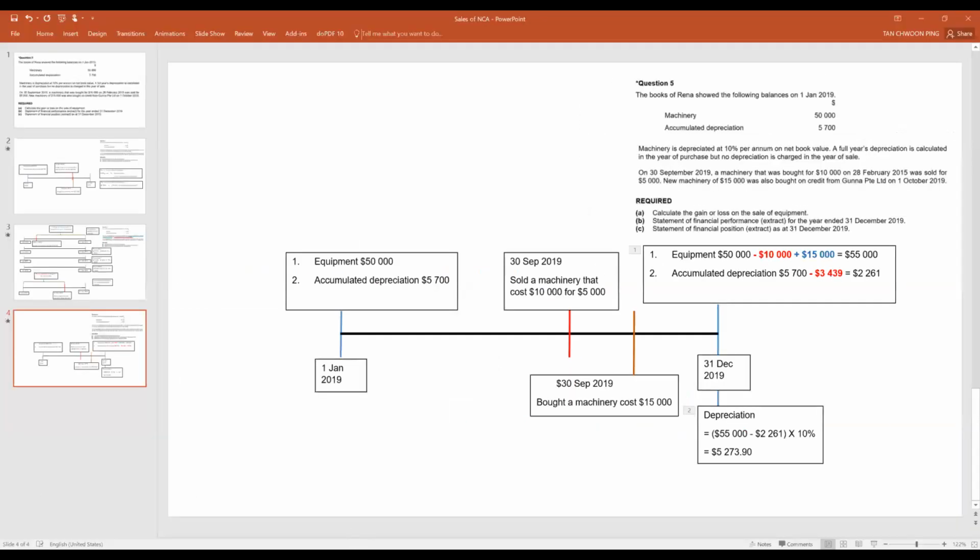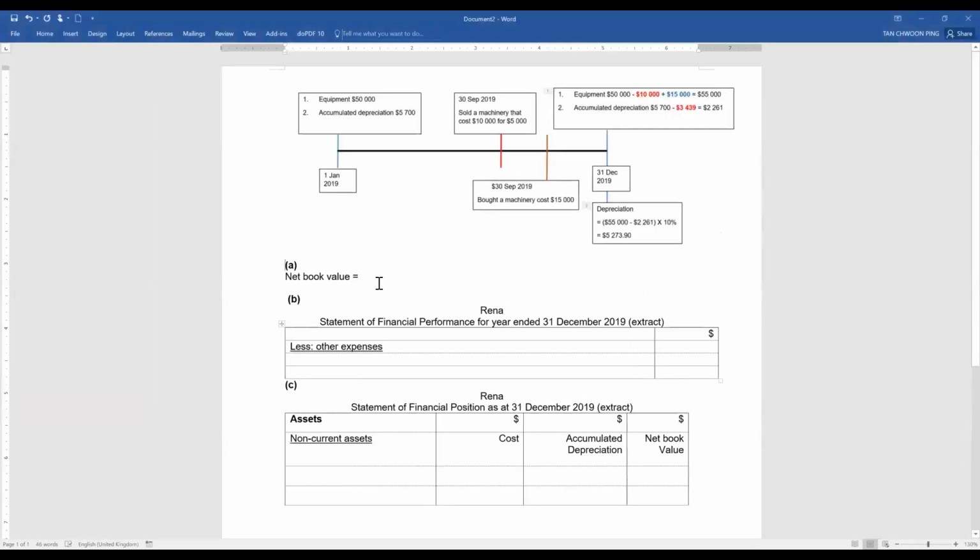Let me just take a look at what we can do right now. If you want to calculate the net book value in this case, you can take a look at the net book value which we have already calculated, the one in red. How much is the cost price of my equipment? It is $10,000.